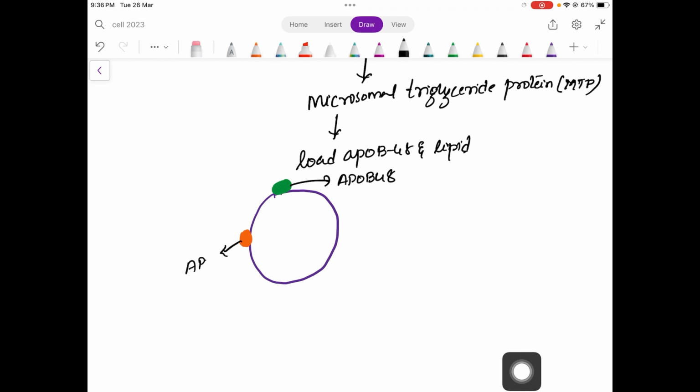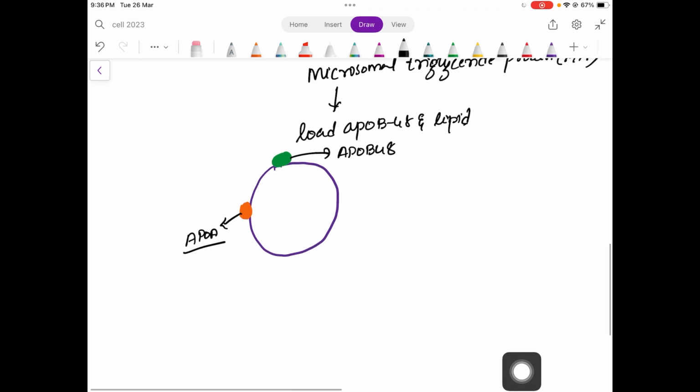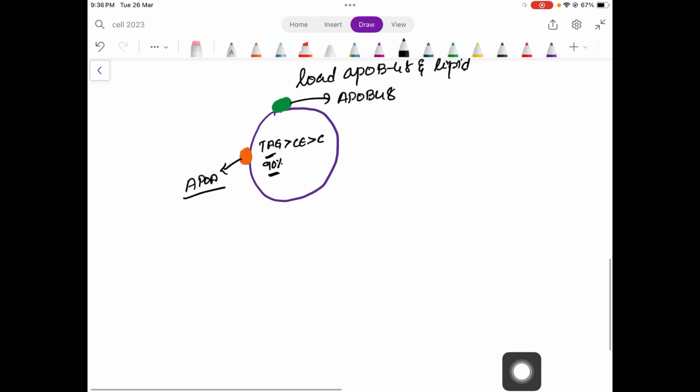This chylomicron will contain triacylglycerol, which is more than cholesterol ester, and cholesterol esters are more than cholesterol. This is the decreasing order, and 90% of the triacylglycerols will be carried by the chylomicron, and this chylomicron is called nascent chylomicron.